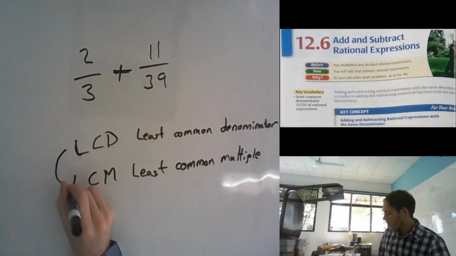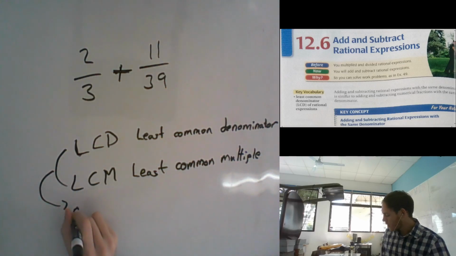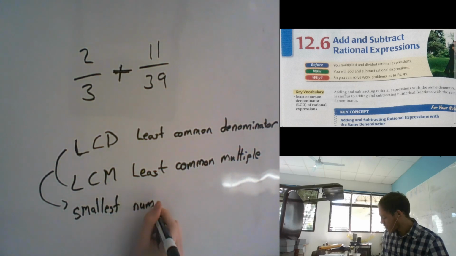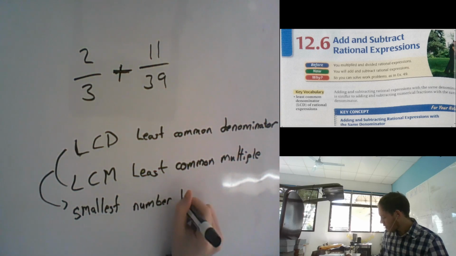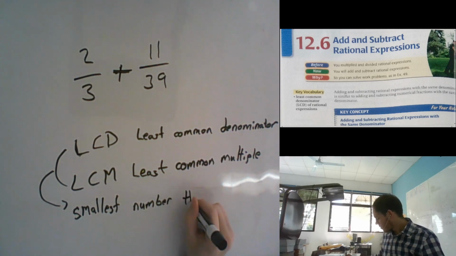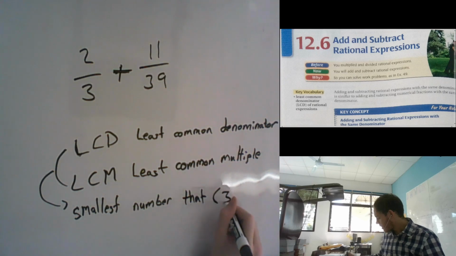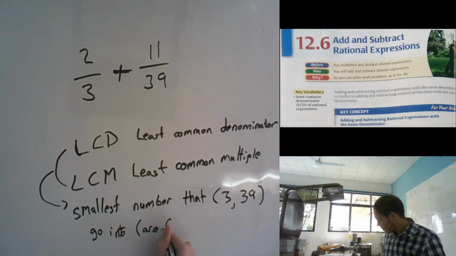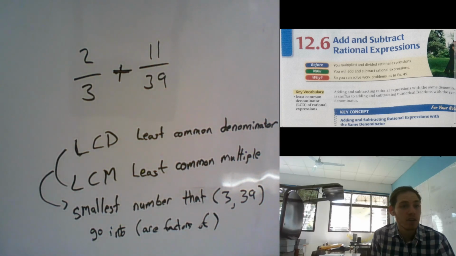Okay, and the idea behind this is we're seeing the smallest number that 3 and 39 go into, or are factors of.